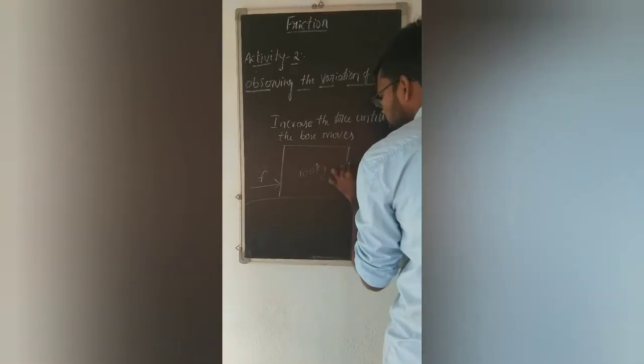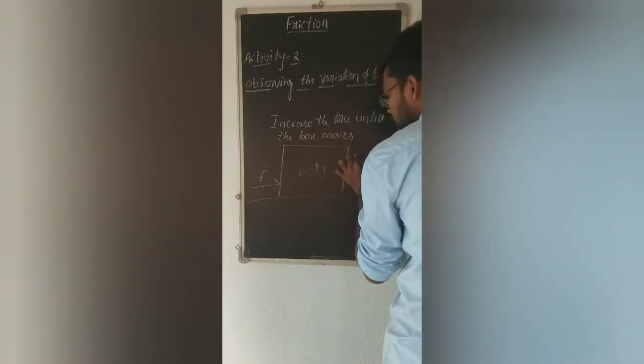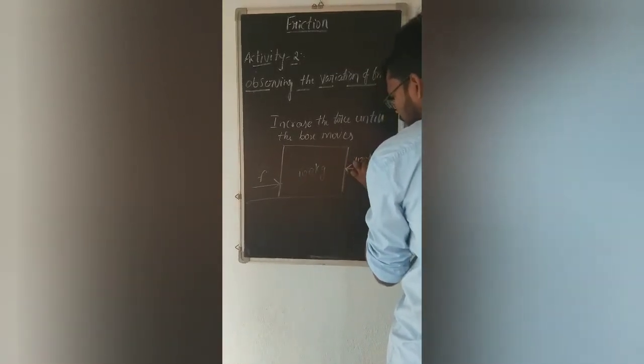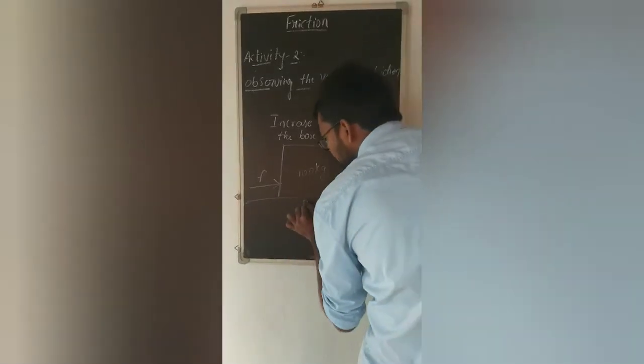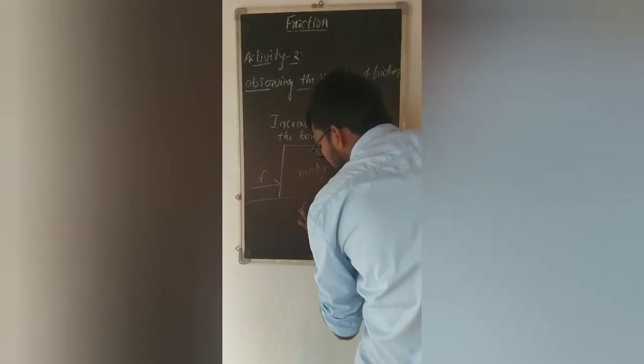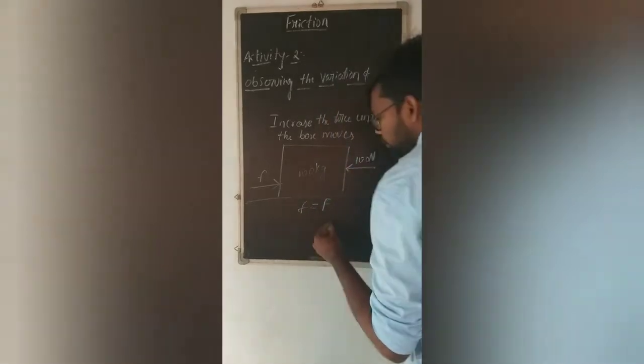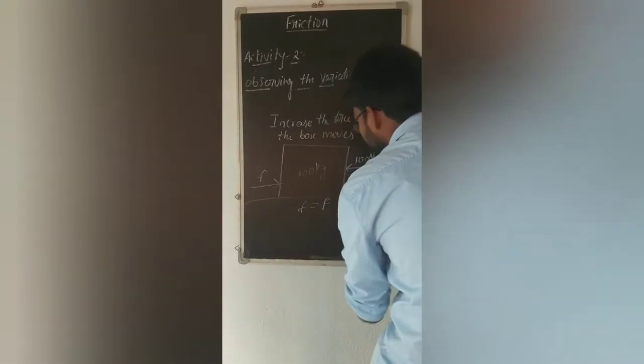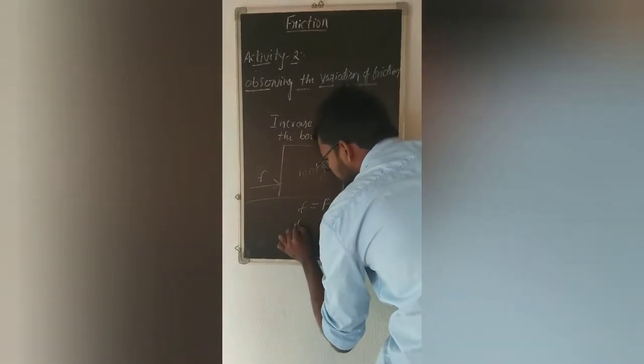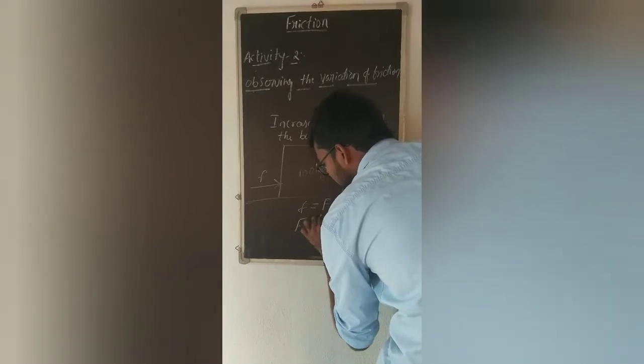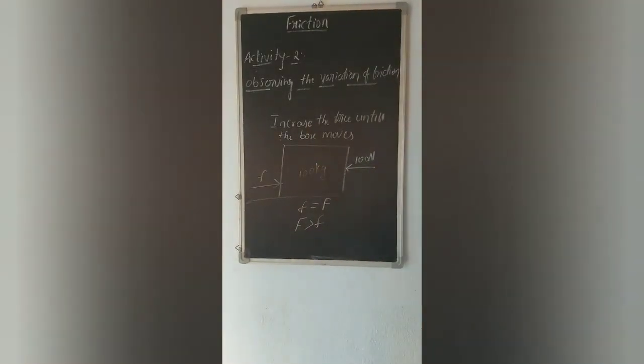Which means if it is 100 kgs and you apply 100 newtons of force, then what will happen? The force equals the frictional force. After some time, if we increase the force so that the force is greater than the frictional force, then the box will start moving.